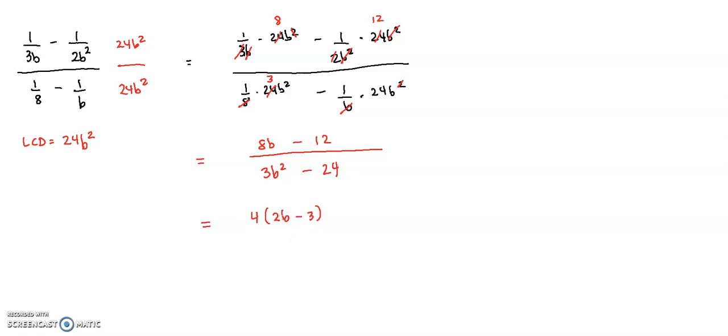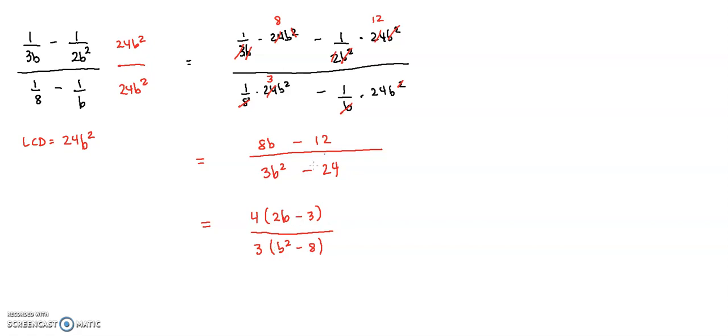Hold on a second, trying to get my b's to look more like b's and not 6's. All right, 2b minus 3. And then on the bottom, we've got a common factor of 3, and we've got b squared minus 8. That kind of looks like difference of two squares, but 8 isn't anything squared, so that's not going to factor from there.